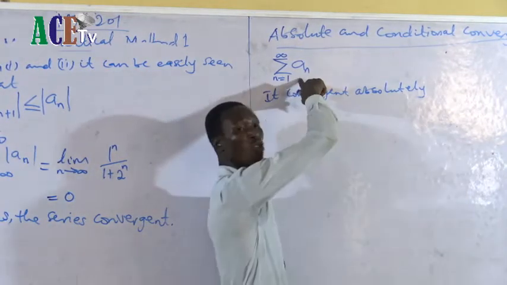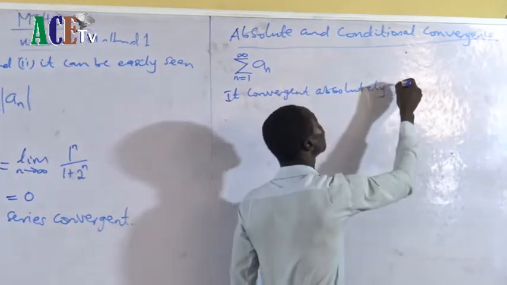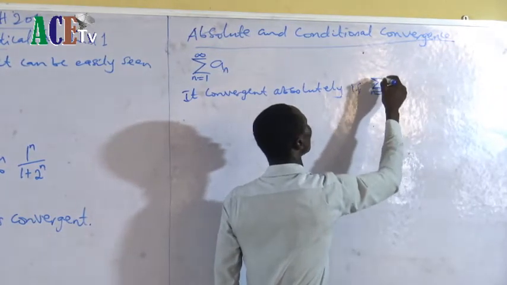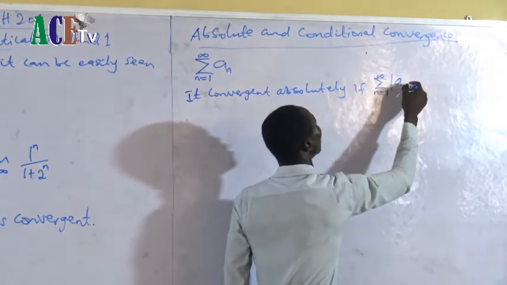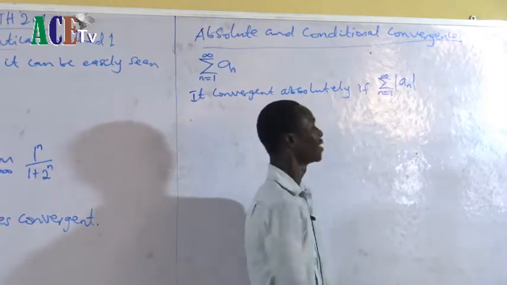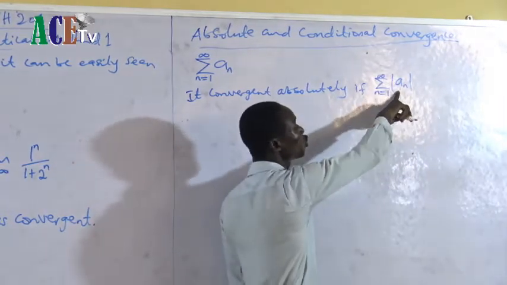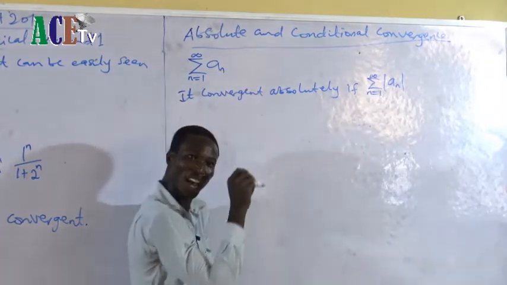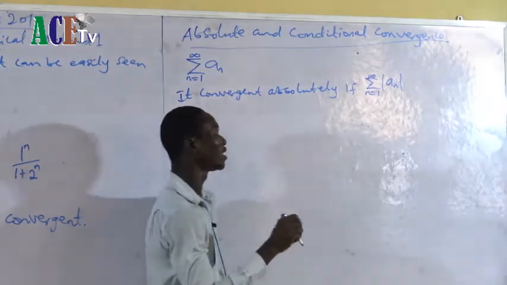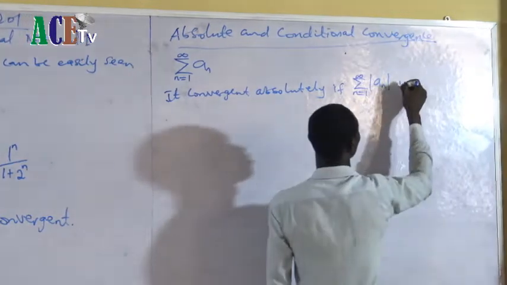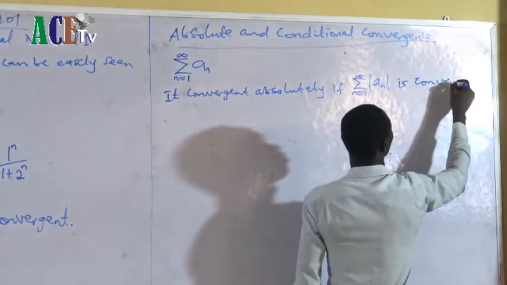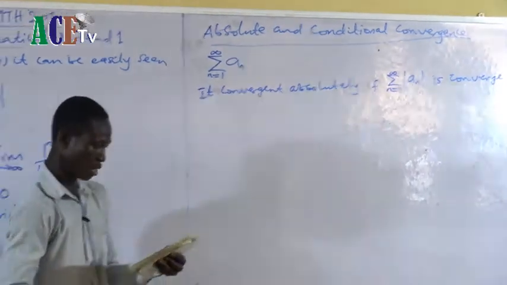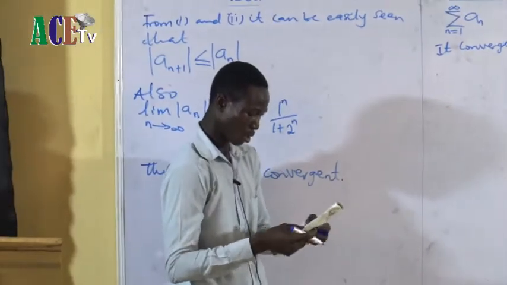This series will be convergent absolutely if the sum from n equal to 1 to infinity of the absolute value of a_n, the absolute function of this series, is convergent.